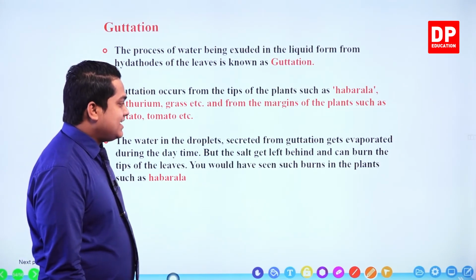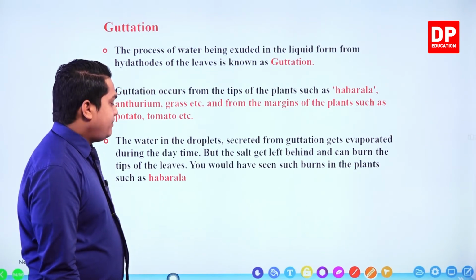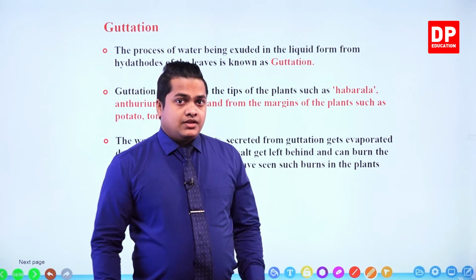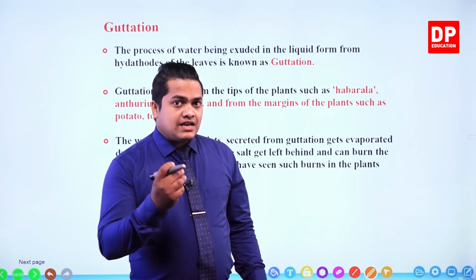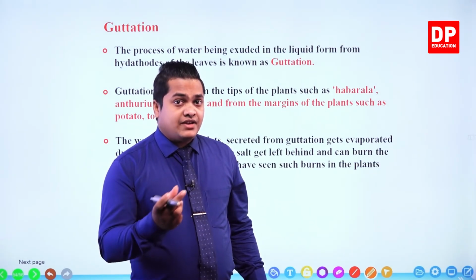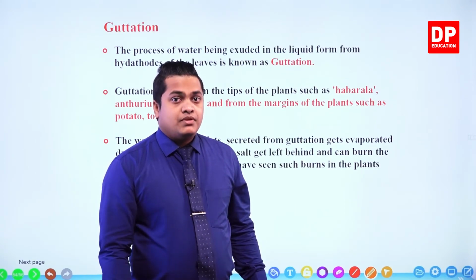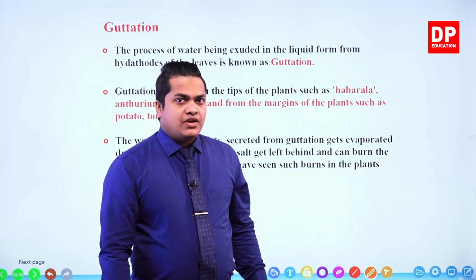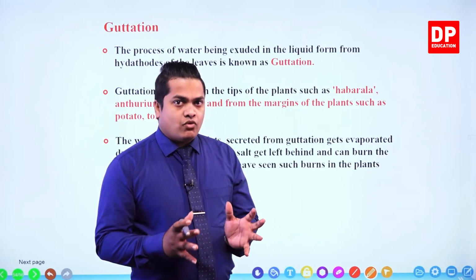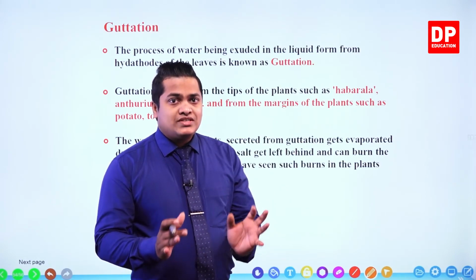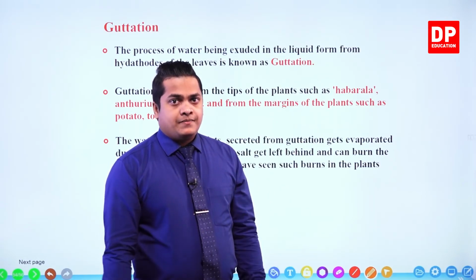You would have seen such burns in plants such as Haberlea. If you take the Haberlea plant, the leaf tip is withered, dried out, burned out. It's because upon releasing water in the droplet stage, some minerals and salts are also going to be released with it.